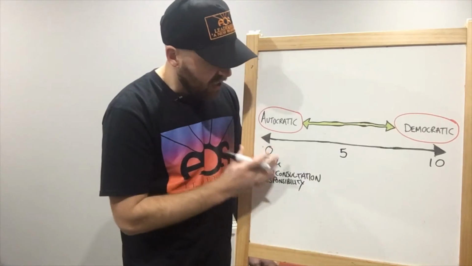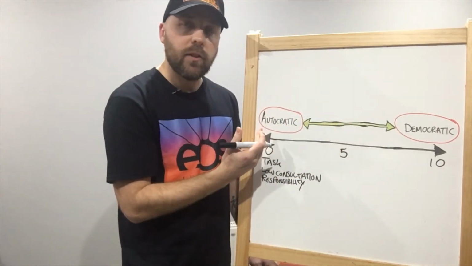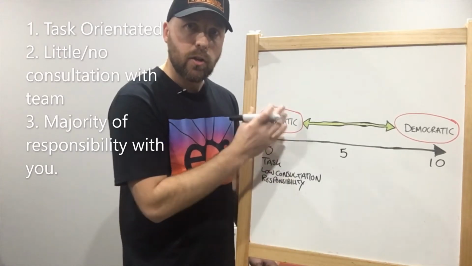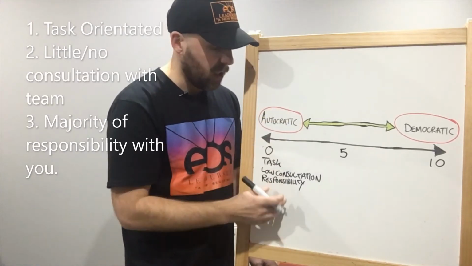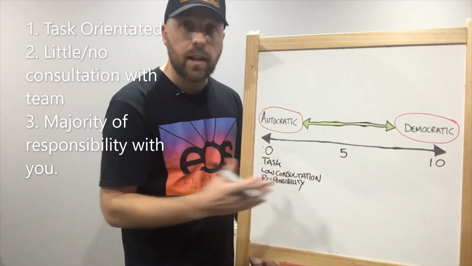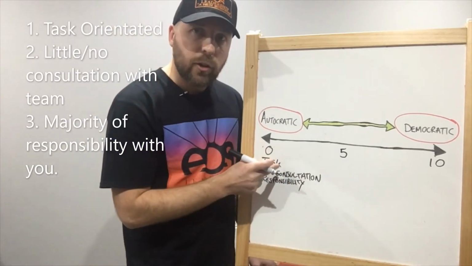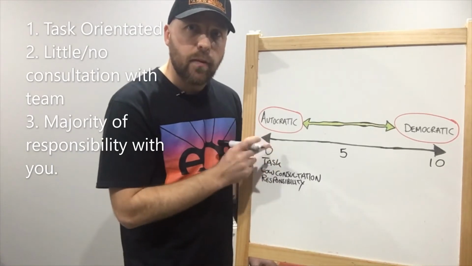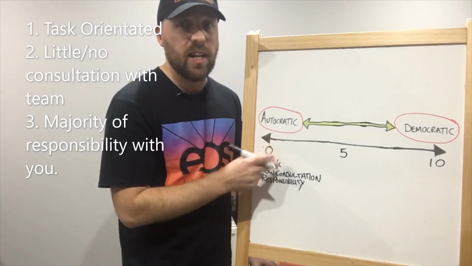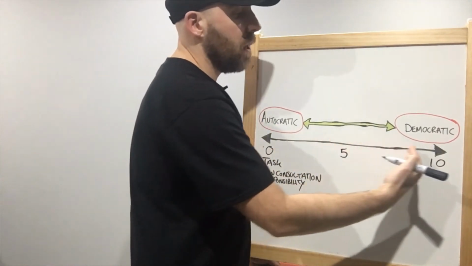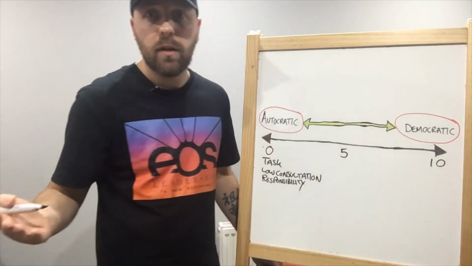So essentially, the lower the confidence level, the more the focus will be on you to make the decisions, so therefore you'll be operating in the autocratic zone. You won't consult very widely because there'll be not many people to consult with, and it'll be very task orientated. It will be around getting the job done and getting it done to the highest standard despite the lack of experience.